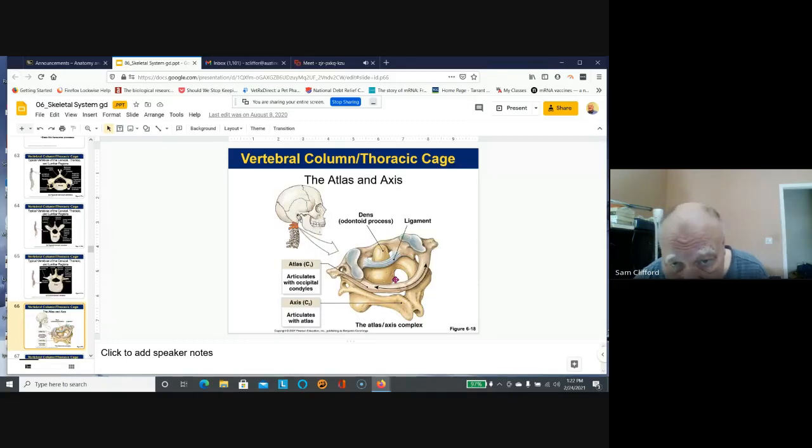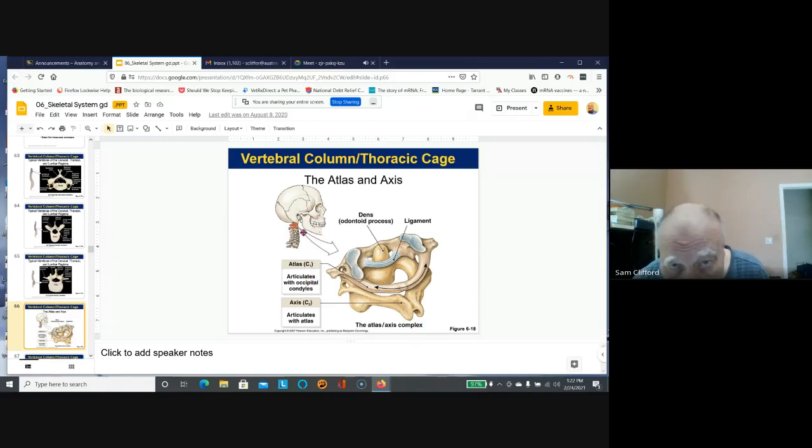Okay, the first two cervical vertebrae are the atlas and the axis. The axis has a special process called the dens or odontoid process, and those are C1 and C2. So the atlas is C1.